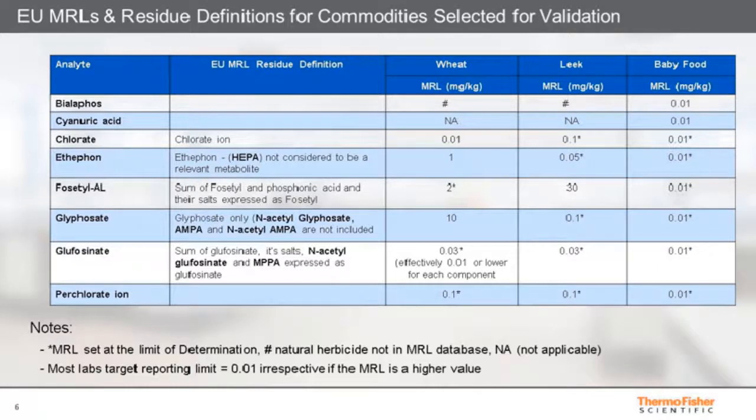In most cases, laboratories, however, use a target reporting limit of 0.01 milligram per kilogram, so 10 ppb, even in cases where maximum residue levels are higher, as in the case of glyphosate in wheat.